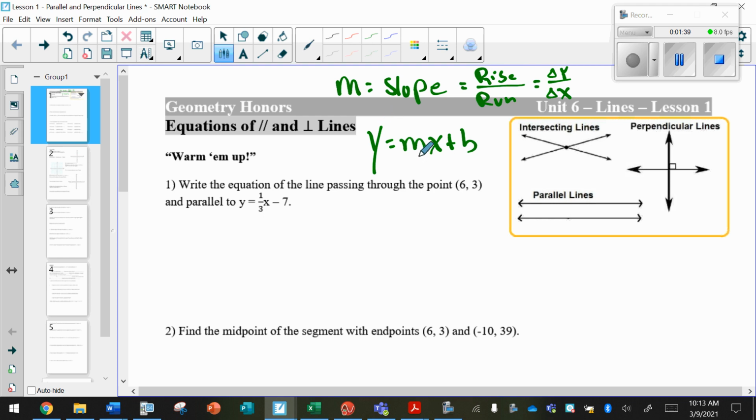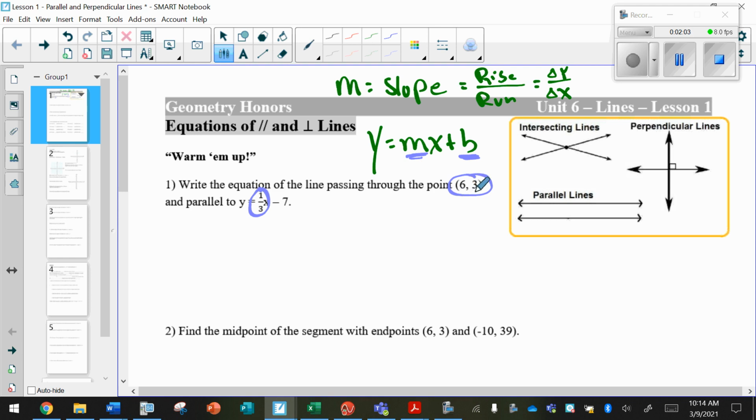I'm sorry, this is slope intercept form, because you see the slope and you see the y-intercept. We're going to use the slope intercept form with the given slope so it stays parallel and the new point so we can find the correct y-intercept.